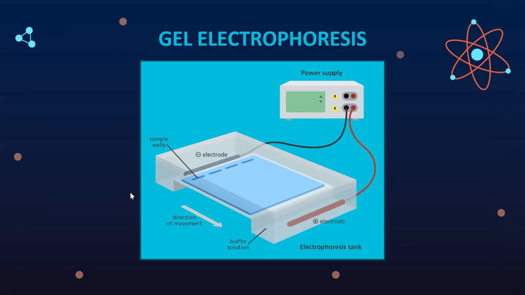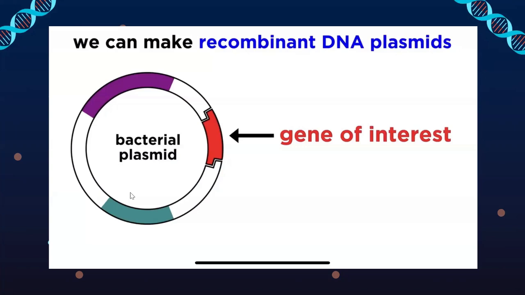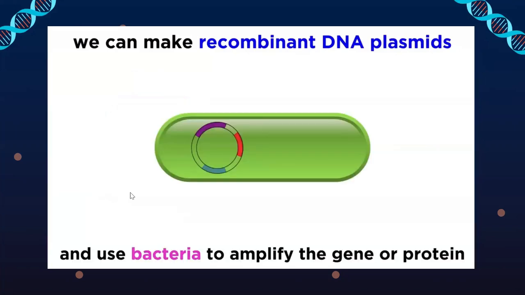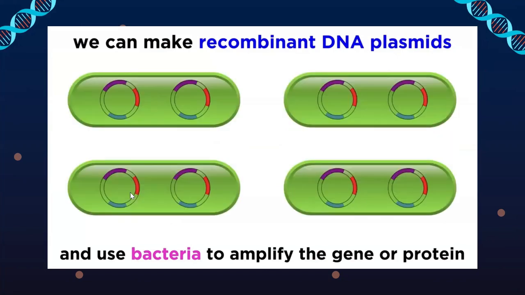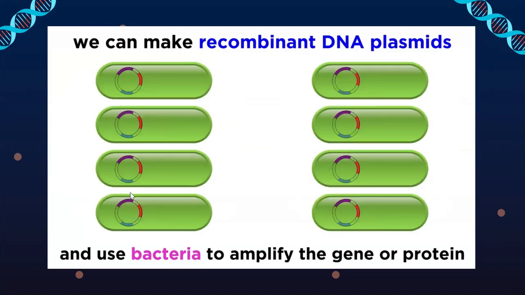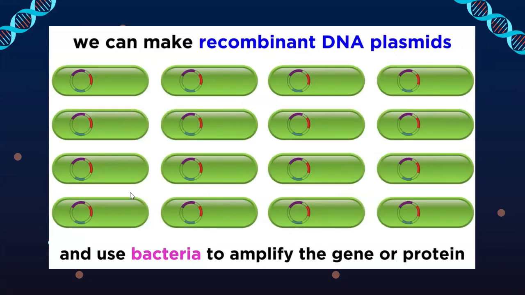So when we introduce some concepts in biotechnology, we talk about how we can make recombinant DNA plasmids. Yung DNA plasmids natin can be inserted into a certain bacteria to produce many copies of a gene or many copies of the protein that is produced when a gene is expressed.